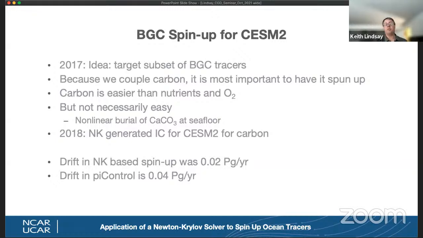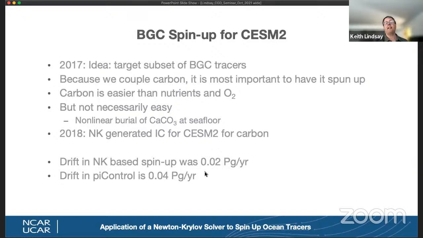So there are some nonlinear feedbacks present that you need to deal with. That said, we were able to deal with those nonlinear feedbacks for the carbon system, and we were able to use Newton-Krylov generated initial conditions for CESM2 for the carbon pools in the ocean.